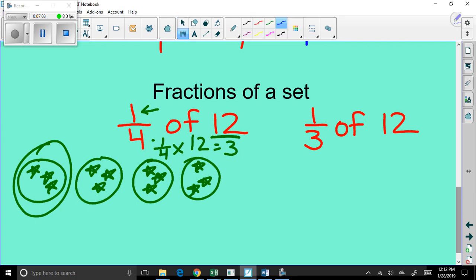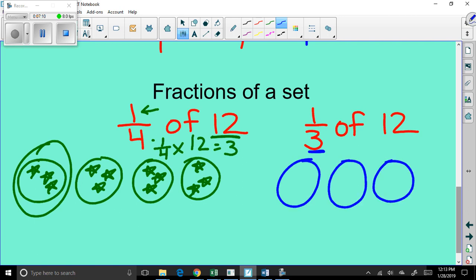Whereas 1/3 of 12 means that I need 3 groups, and I'm going to split 12 equally amongst those 3 groups. So I have 1, 2, 3, 4, 5, 6, 7, 8, 9, 10, 11, 12.